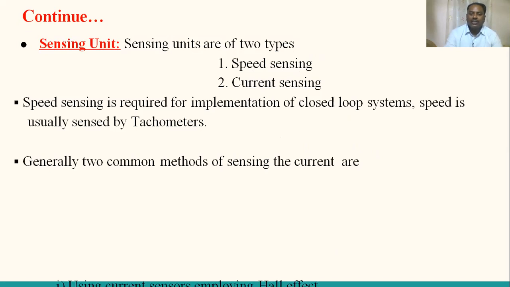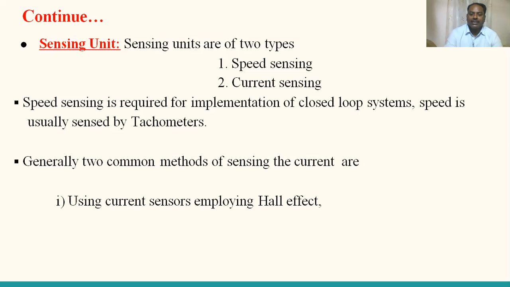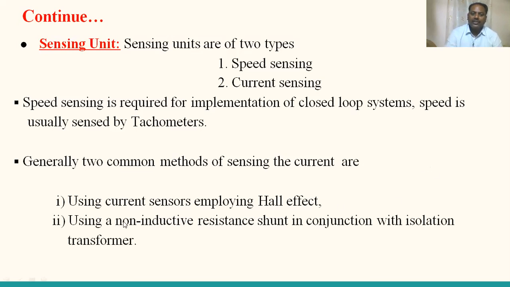One is using current sensors employing a Hall effect cell. Hall effect in the sense, when the current increases, the temperature increases. The increased temperature is measured, and based on that, the signal goes to the system so that the control unit alters the requirements. Another one is using a non-inductive resistance in connection with an isolation transformer.